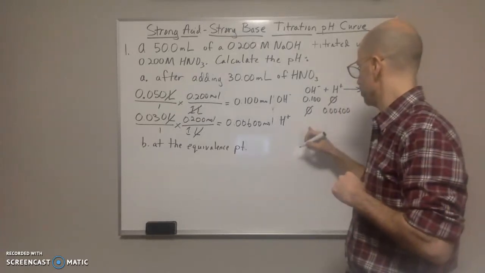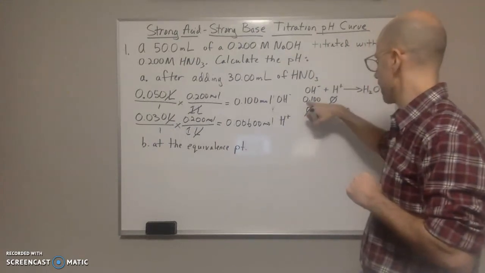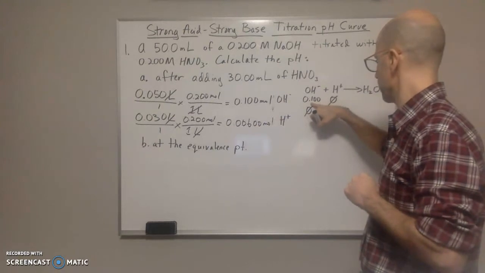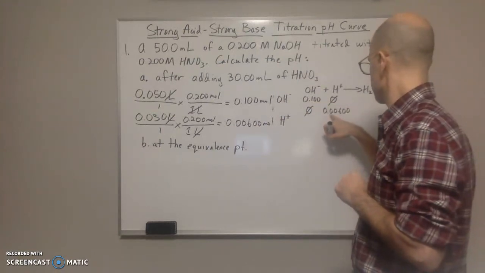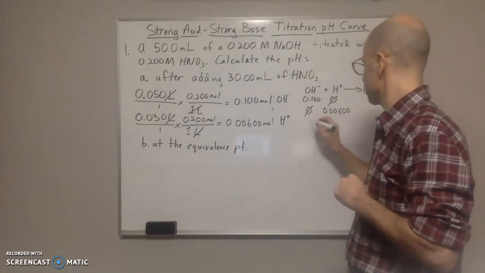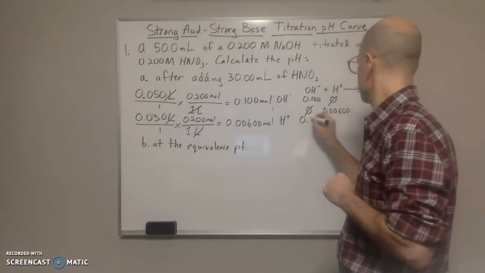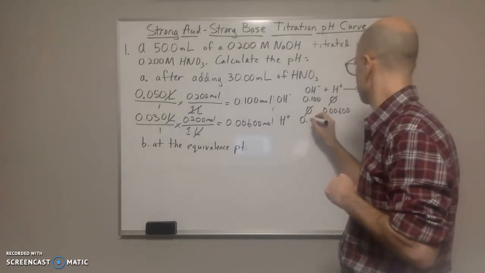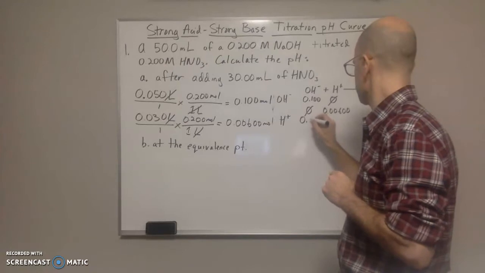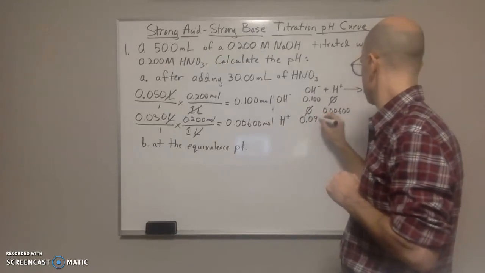And so after adding, this is going to completely react with the same amount here. So we're going to subtract out 0.00600 here. So then this becomes 0 for the H plus, and for the OH, it's going to be 0.09400.